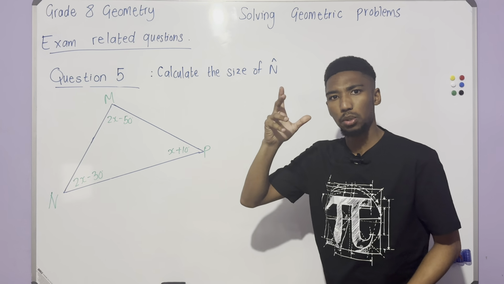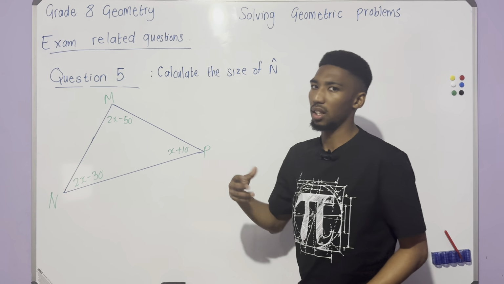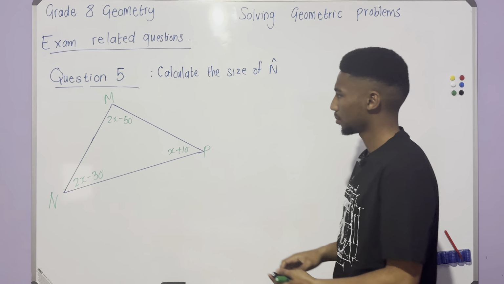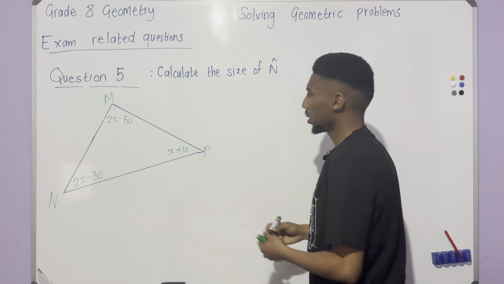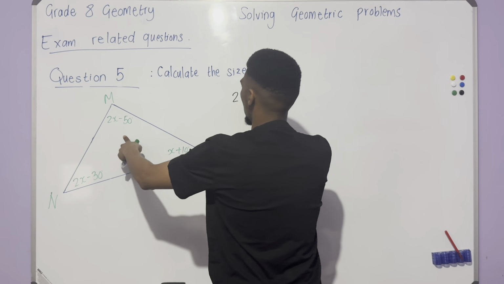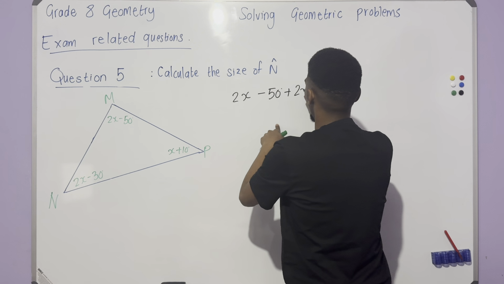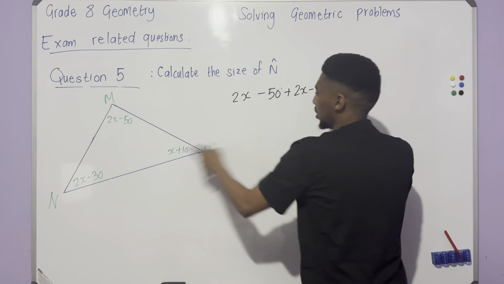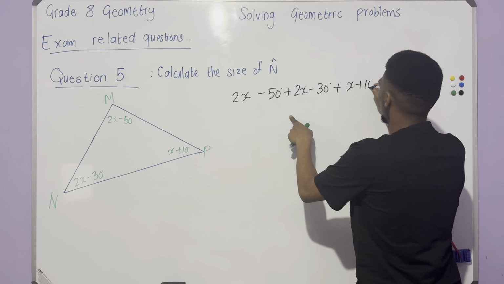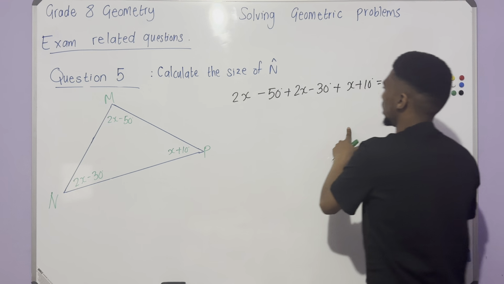The first thing that pops in your mind should be that if they add up, they're equal to 180 degrees. So if I have 2x minus 50 plus 2x minus 30, which is that angle, plus x plus 10, which is this angle, they add up to 180.